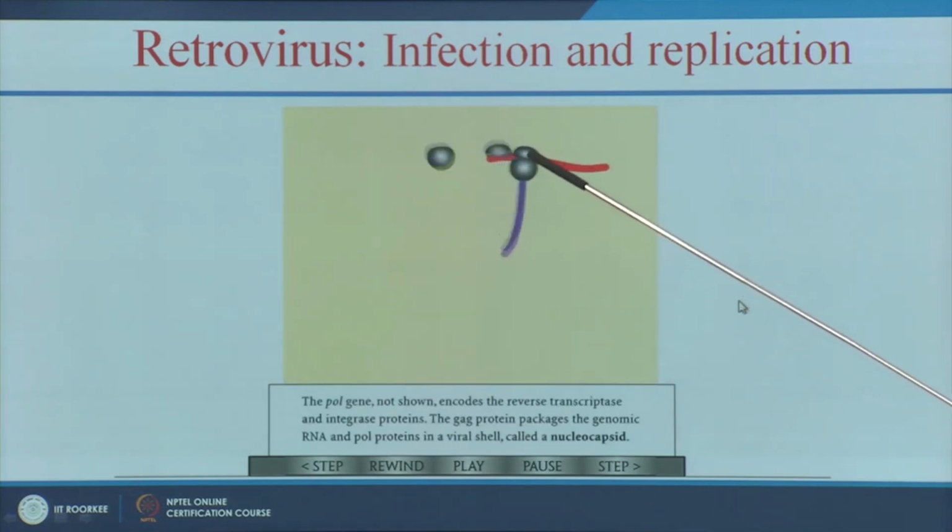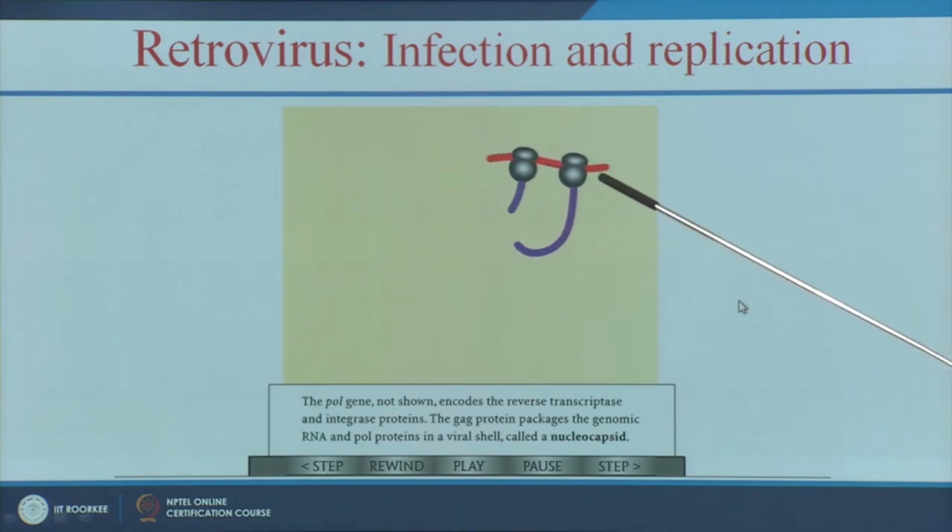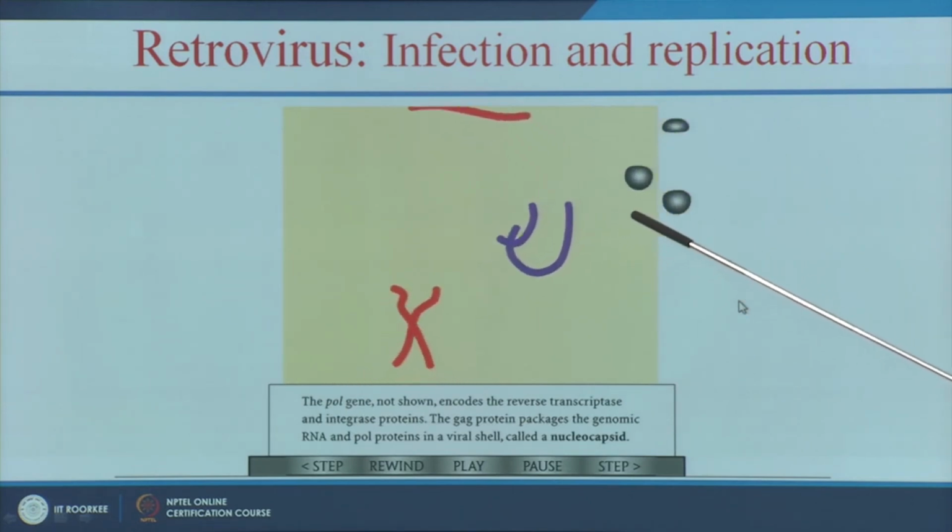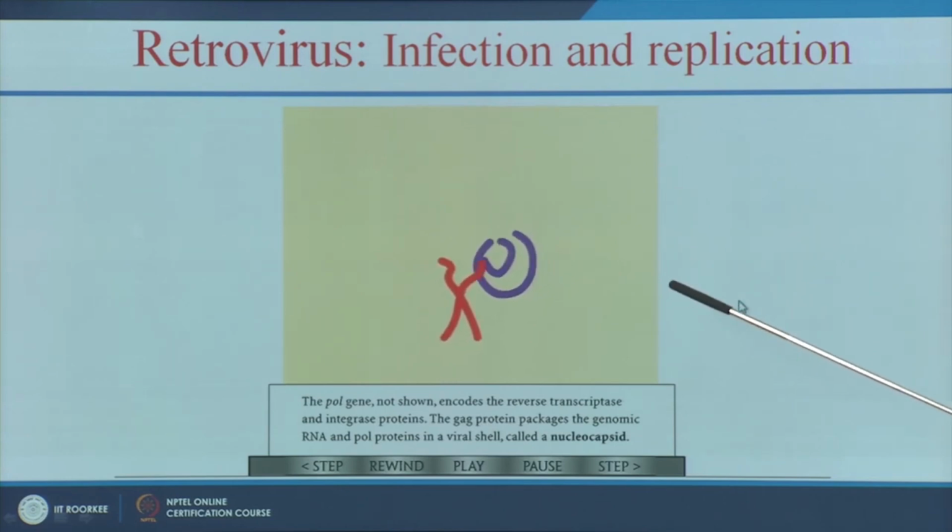And using that viral genetic material, whether it is DNA or RNA, it is making the proteins which are required for making the complete virus structure.